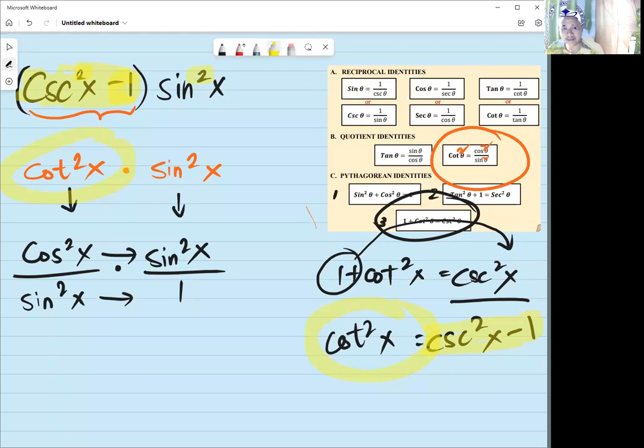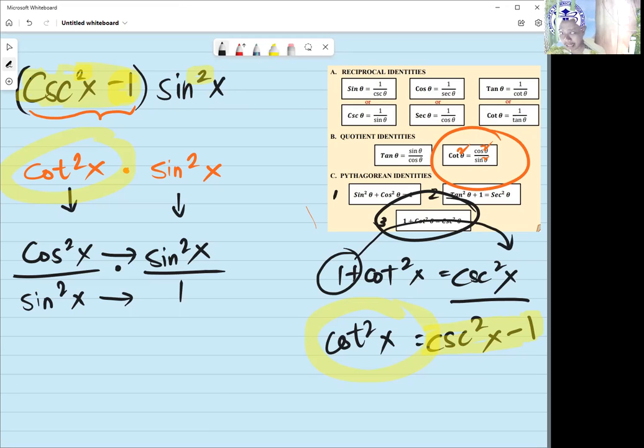Okay, good. Now let's continue. We just noticed that cotangent and sine are related. Because when we do the quotient identity for cotangent, we will end up with cosine x over sine x. However, because it is squared, the identity will also be squared. So we now have cosine squared x over sine squared x. Can you follow?